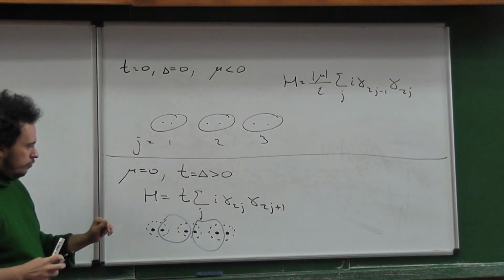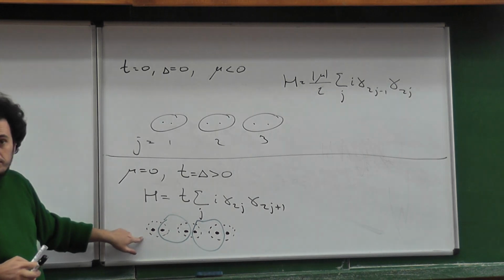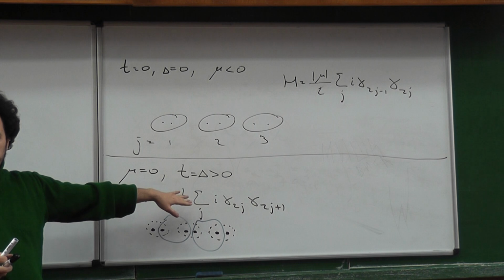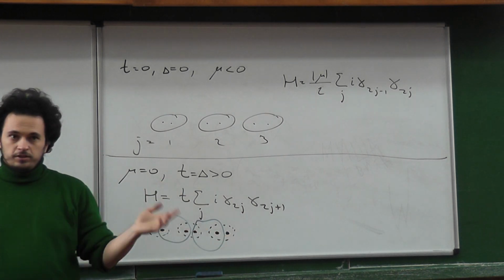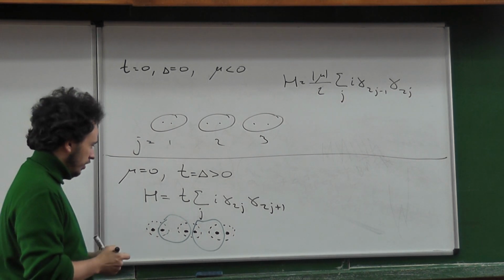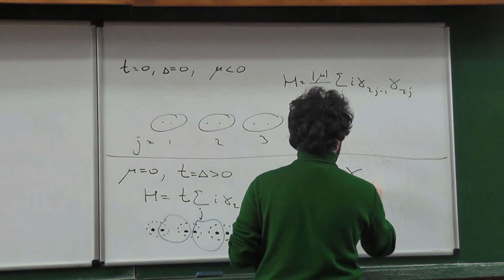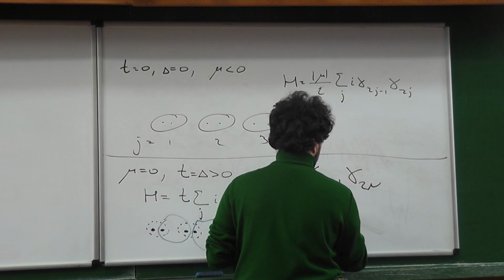Now notice one thing: I have the first Majorana left, I have no one to pair it with, it does not appear in the Hamiltonian. And I have the last Majorana left, I don't have anyone to pair it with. So gamma 1 and gamma 2n do not appear in the Hamiltonian.